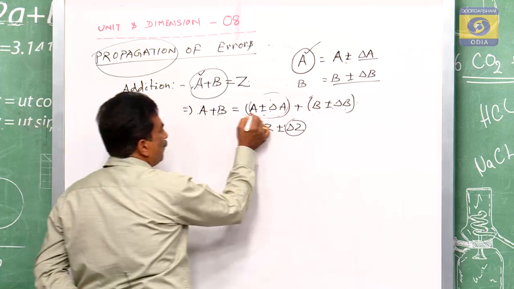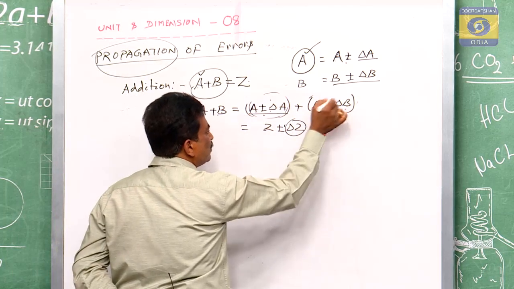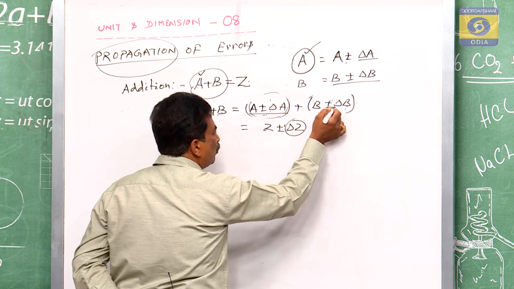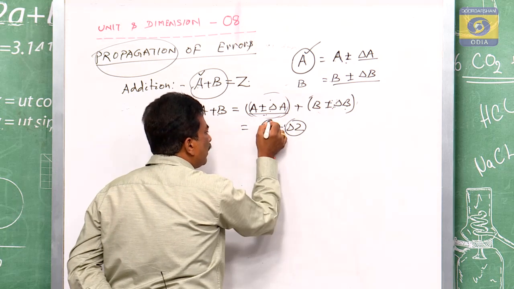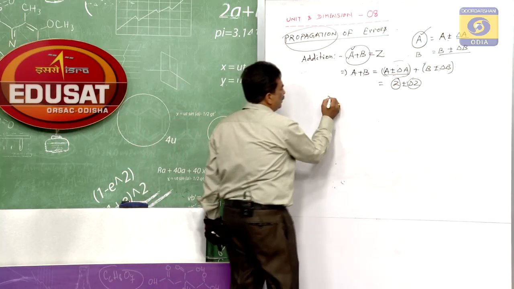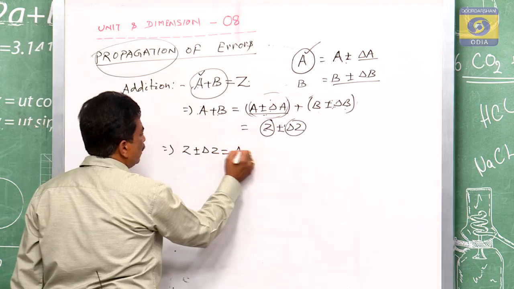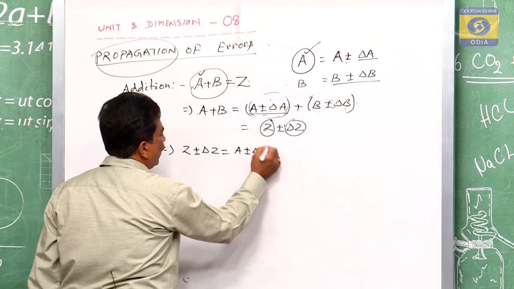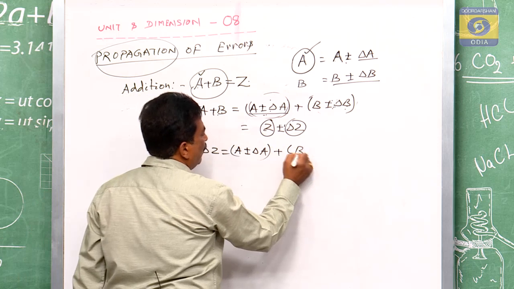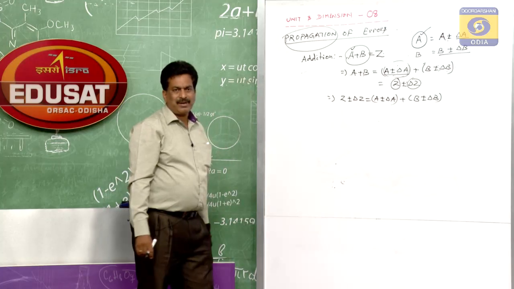So, A plus del A is not the real one, B plus del B is not the real one, and when those two are added, some fractions will be there. Are you clear to my point? So, this shows Z plus or minus del Z is equal to A plus or minus del A plus B plus or minus del B. Are you clear, students?